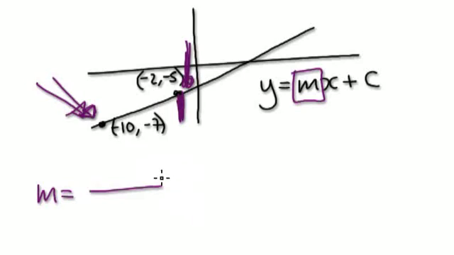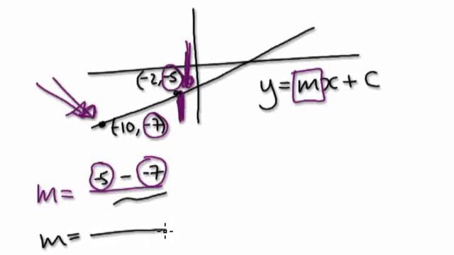So the height here will be this minus this. So here you've got minus 5 minus negative 7.